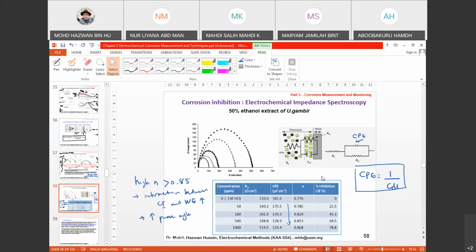So another thing that I would like to explain before we move to Warburg impedance is that when you do the electrochemical measurement for impedance, the placement between the working electrode and the reference electrode is important.